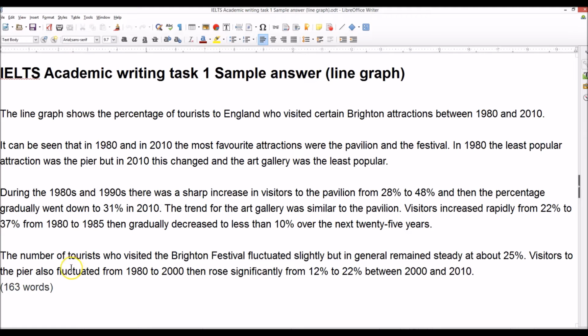Visitors to the pier, a fluctuation, then a significant rise, 12% to 22%. So this is where you're using the figures and data. Now, as you'll see, it's only 163 words. It's not a lot. 150 is a minimum, but 163 words would be fine, because you are mentioning most of the major features.